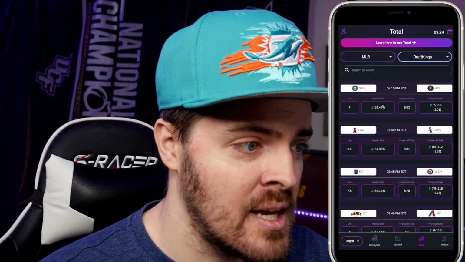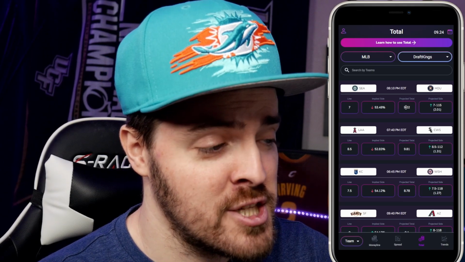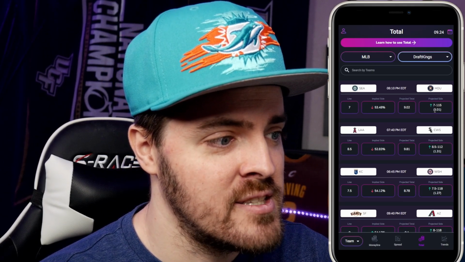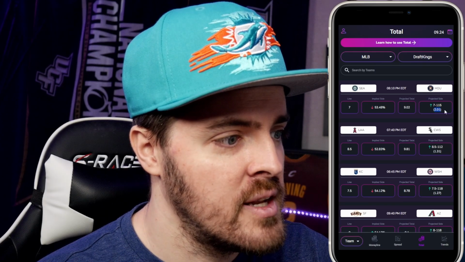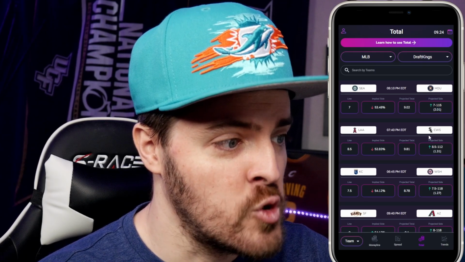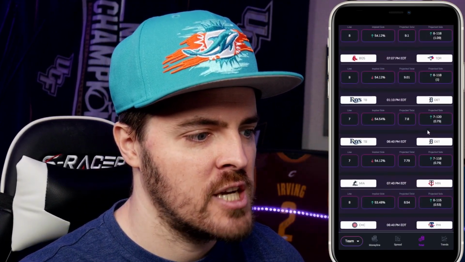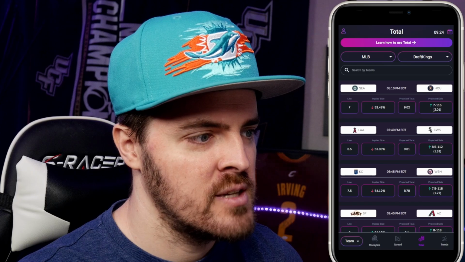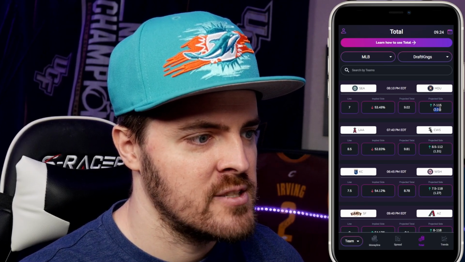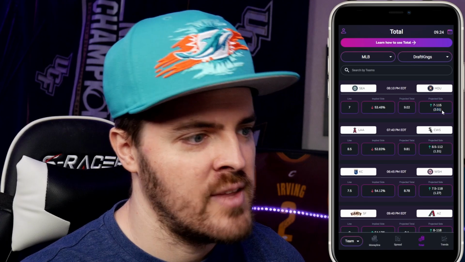So if the line is 7 and the projection is 9.02, you see right here, that is a 2.01 difference. And this tool will sort based on the highest difference between our projection and the line. Because there's no other game that has a 2.01 projection total difference from the line, that's why this one's up top.